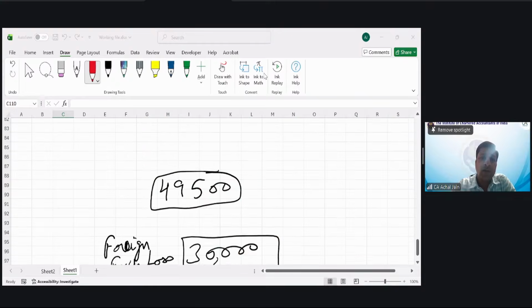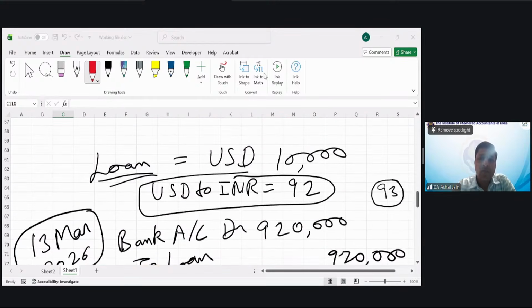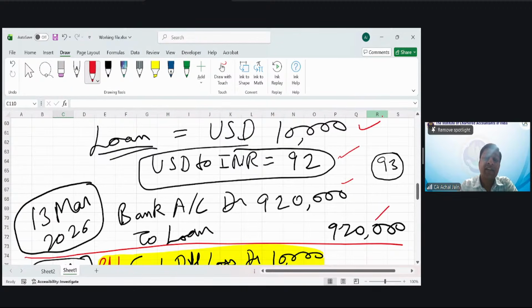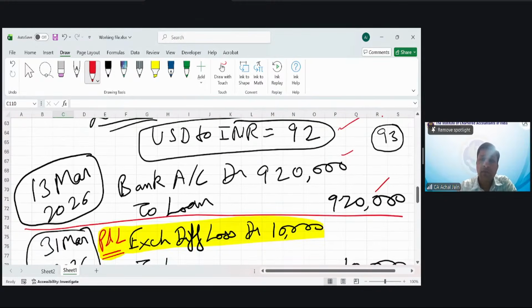Let me just take you back to the example we were discussing. Say the loan is taken by the company. Now what is the amount of loan? 10,000. The day when the loan amount was taken, the conversion rate was 92. So you'll record it at 92. Now at the year end, let's suppose the loan is not yet paid. It's outstanding. But the rate of conversion has moved from 92 to 93.